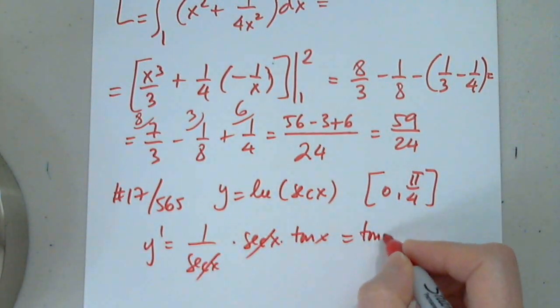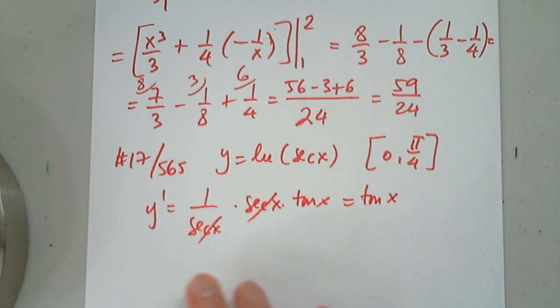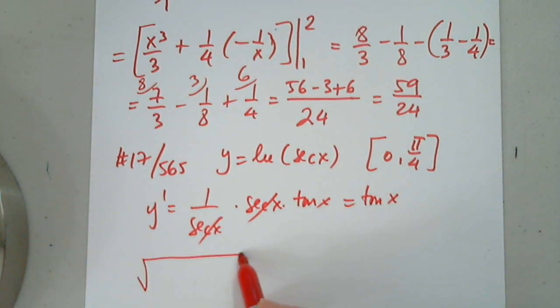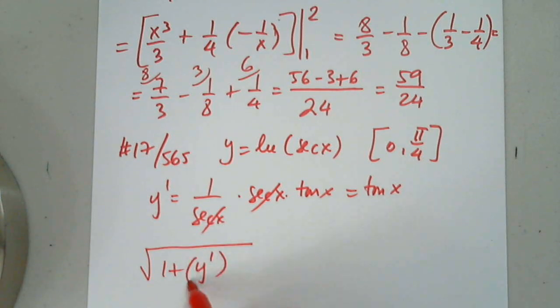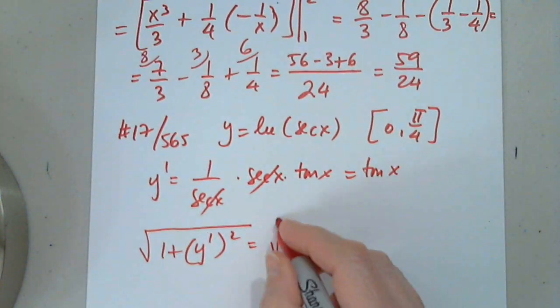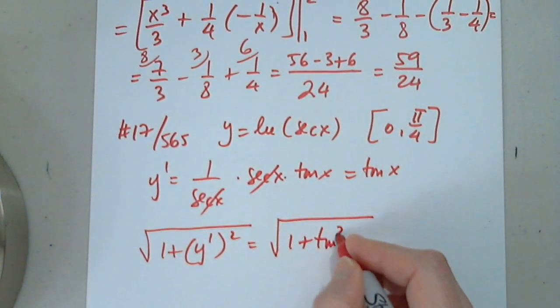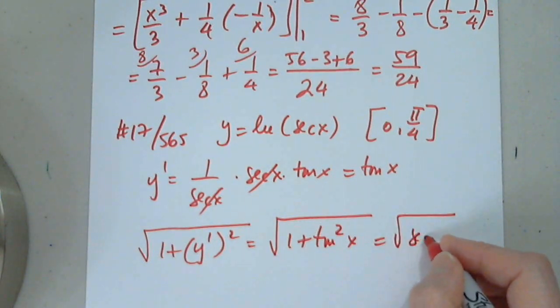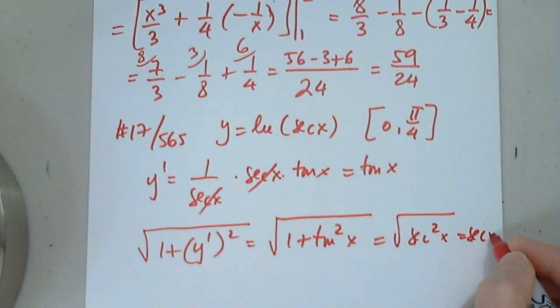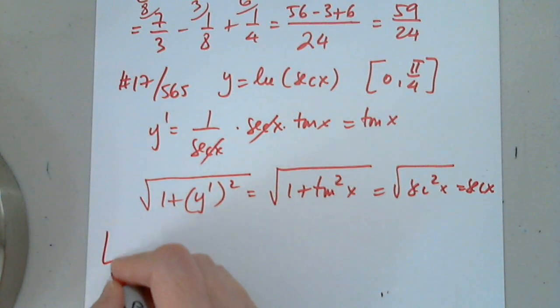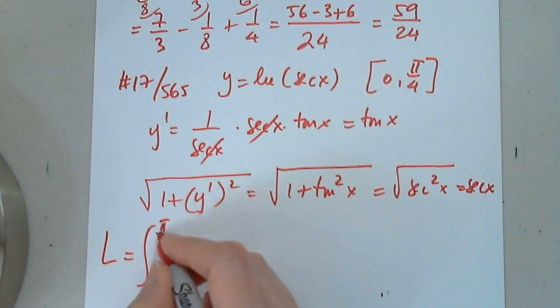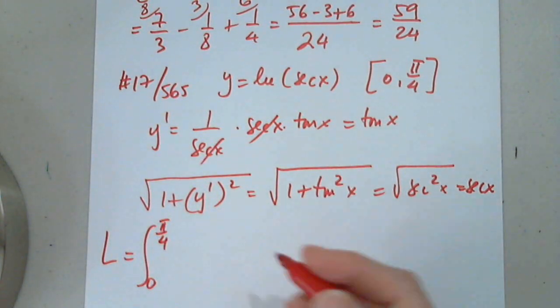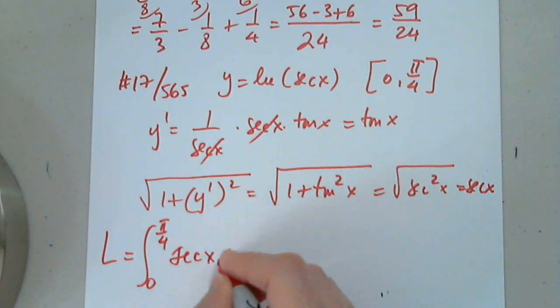So this is tangent x. Now, under the square root, we have 1 plus y prime squared, but this will be the square root of 1 plus tangent squared, which is the square root of secant squared, which is secant x. Very nice. So then the arc length between 0 and pi over 4 is the integral of secant x dx.